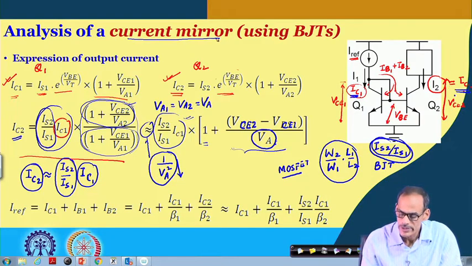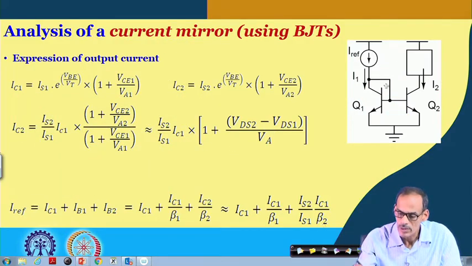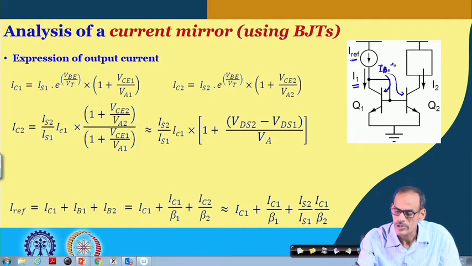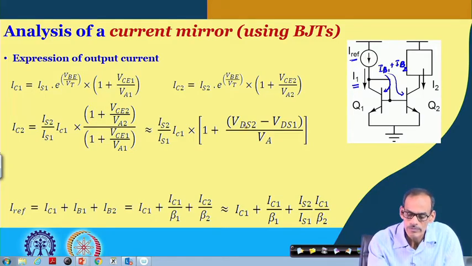Now, in this circuit, as I said, IC1 is not equal to IREF, because we do have the two base currents IB1 and IB2. So, let us try to write the expression of IC1 in terms of IREF. This is VCE2 and this is VCE1, as I said.